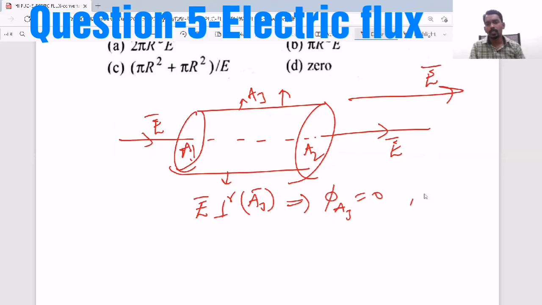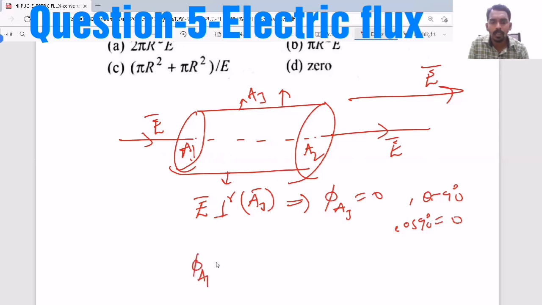As perpendicular, theta is 90. So cos 90 how much? 0. So that flux is 0. Because flux is EA cos theta. Now here one flux is entering and another flux is leaving. And both are having same areas. So what will the total flux become?